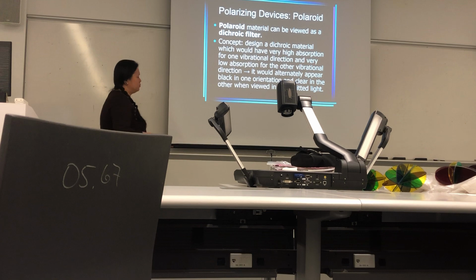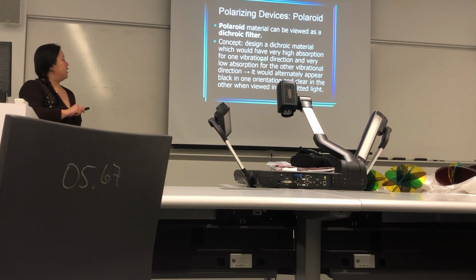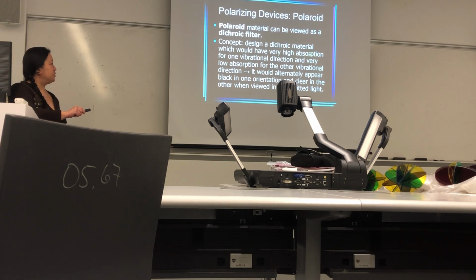Okay. Moving on to more modern things like Polaroid film or Polaroid material. Polaroid material is also considered a dichroic material, and the idea would be to design a dichroic material to have very high absorption in one direction and low absorption for the other direction.